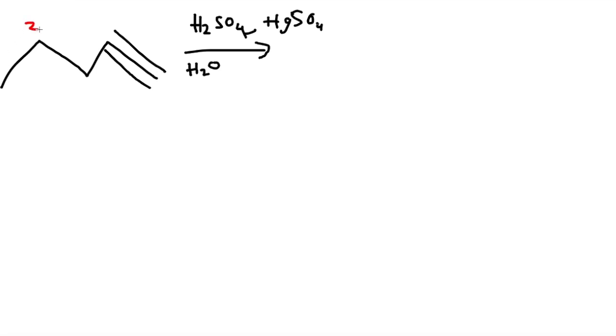So we have 1, 2, 3, 4, 5. So we should always have 5 carbons, okay? So 1, 2, 3, 4, 5. The double bond will go over here because that's where it's on the terminal side, and the OH would go on the carbon that has no substituents, so over here.